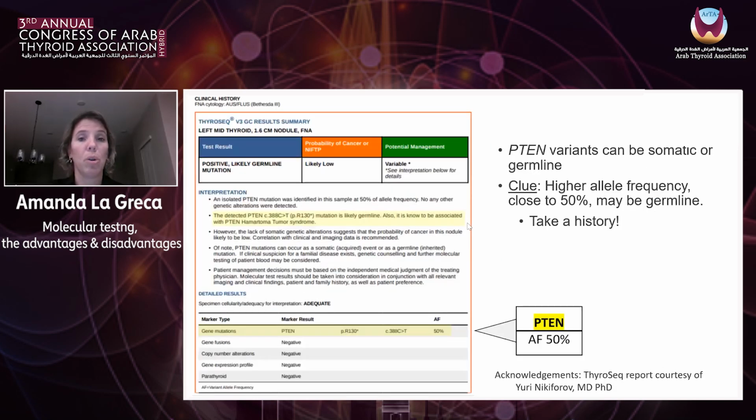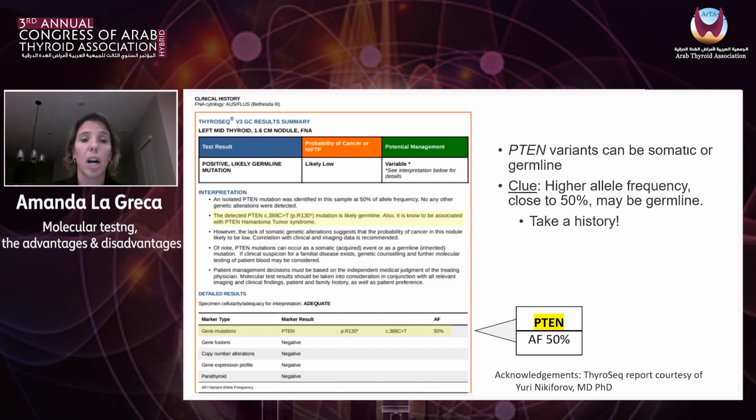Now, what do we know? I wanted to clarify that when you see the report of Thyroseq, there's an interpretation here, and it says the detected PTEN variant is likely germline. What it means is that if you look at the allele frequency, when it's around 50% or above, we think it's in the germline.